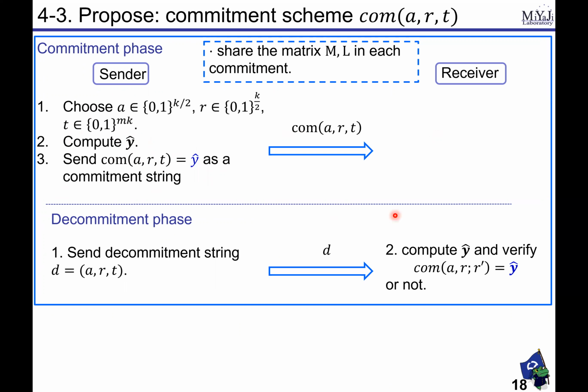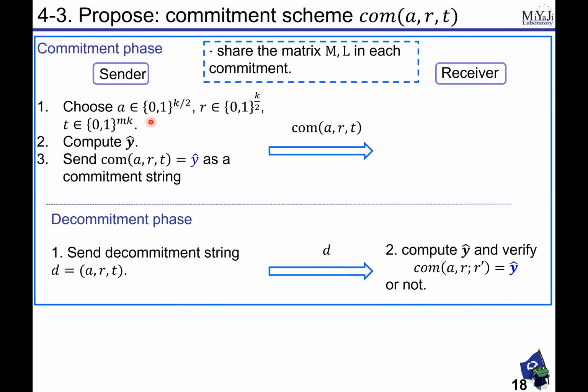This is the end of the commitment phase. In the decommitment phase, we send the decommitment string, which is the key of the commitment scheme: A, R, and T. And the receiver will compute the commitment Com of A, R, and T, and check whether it is equal to y hat or not. This is a commitment scheme based on our PRE hash function.